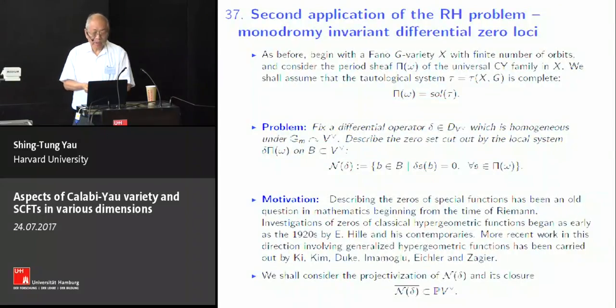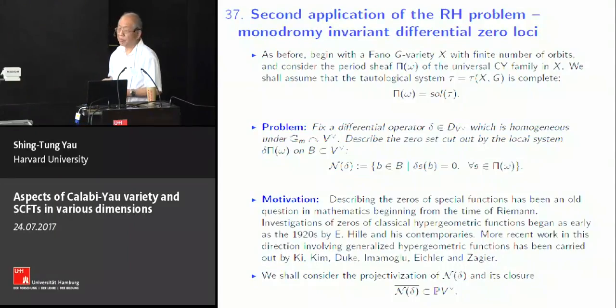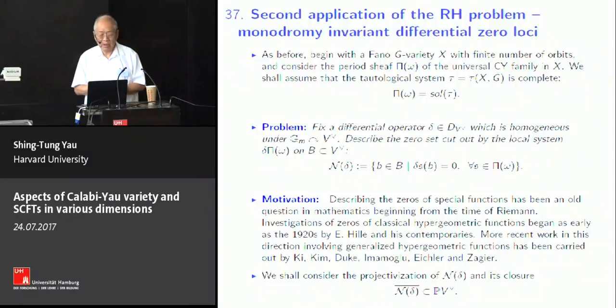So the second application of the Riemann-Hilbert problem that we are talking about is to understand monodromy invariant differential zero loci. So we need to understand the monodromy also, besides solving equations. So in the universal setting, let's say take an affine G variety with a finite number of orbits, and we consider the period sheaf that we just discussed, which is important, as I said.